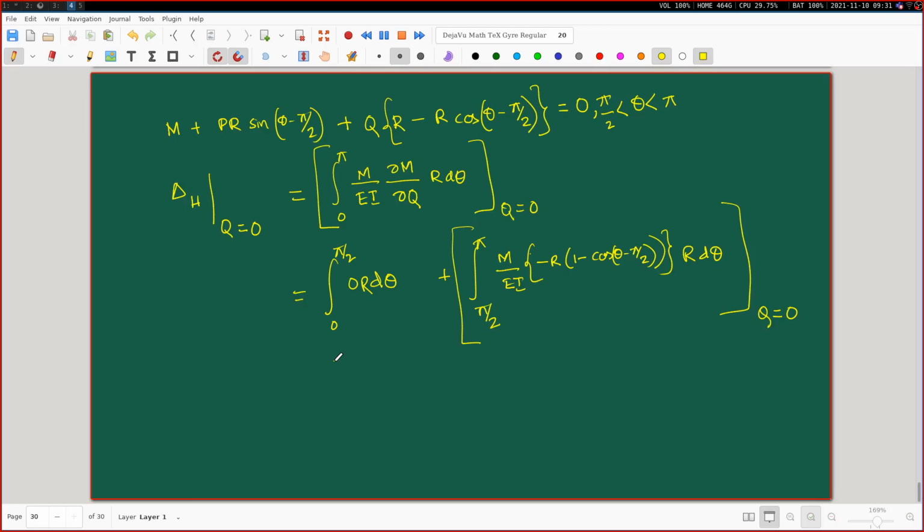All right. So if we are okay with this, let us move on to another kind of problem. This is again going back to the idea of combined loading.